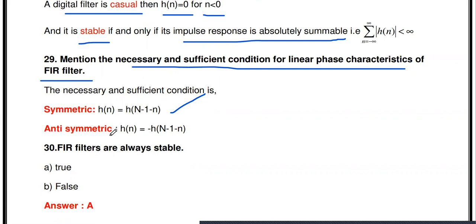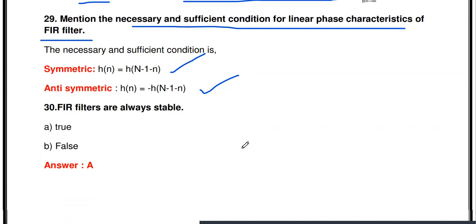If it is an anti-symmetric filter, it satisfies the condition h of n equal to minus h of N minus 1 minus n.